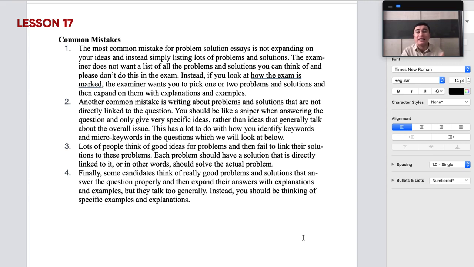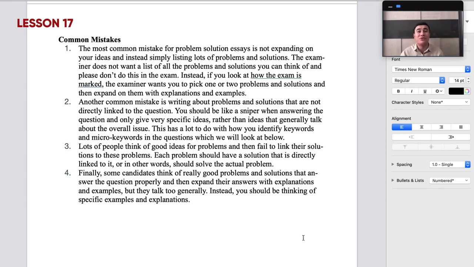Instead, if you look at how the exam is marked, the examiner wants you to pick one or two problems and solutions and then expand on them with explanation and examples. So you should remember that you're not going to receive a high score if you have lots of problems and solutions.